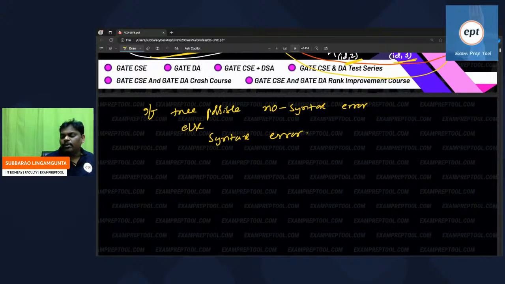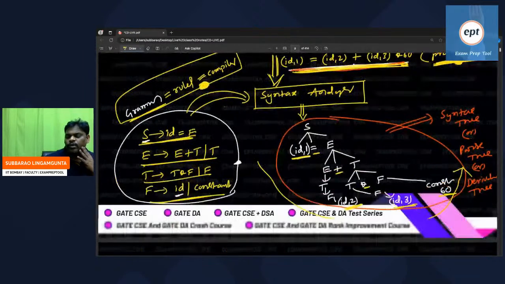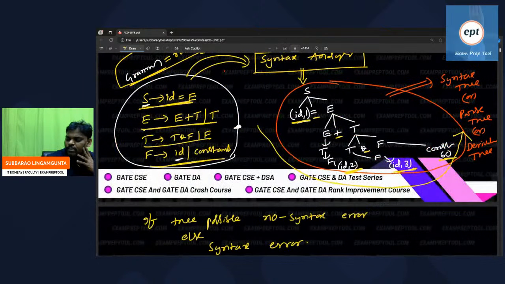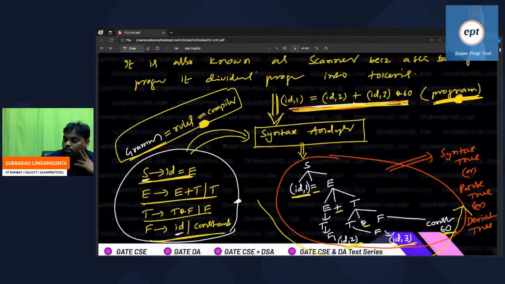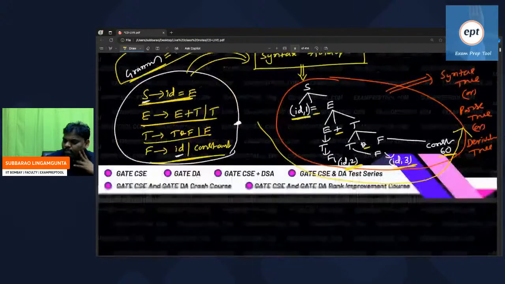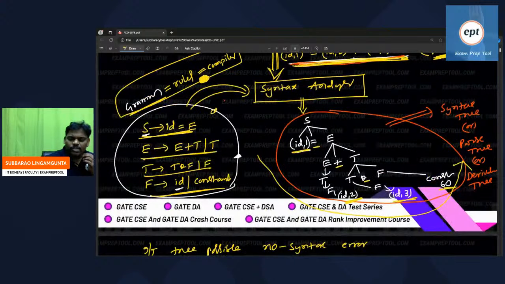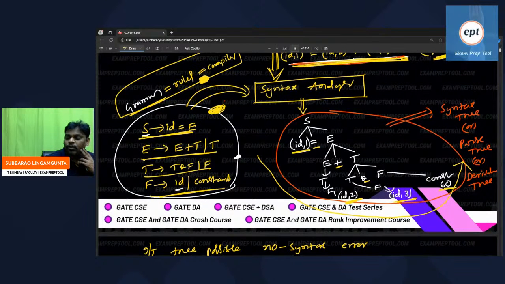Remember everyone, from today onwards, if anyone asks you the syntax analyzer input, simply say token string. Output is parse tree, or syntax tree, or derivation tree. The rules are inbuilt, so you need not mention them. Actually, the syntax analyzer requires two inputs.